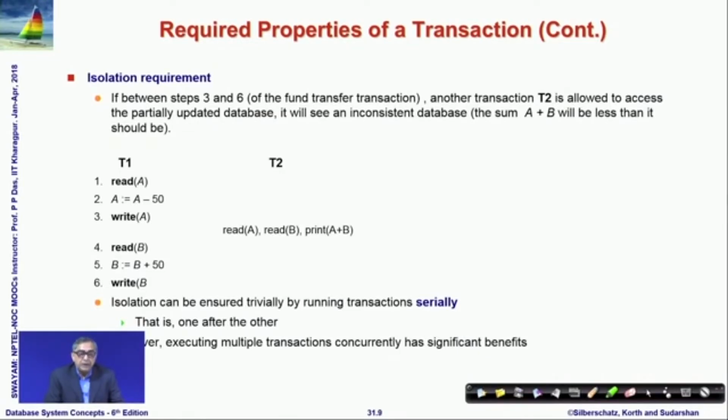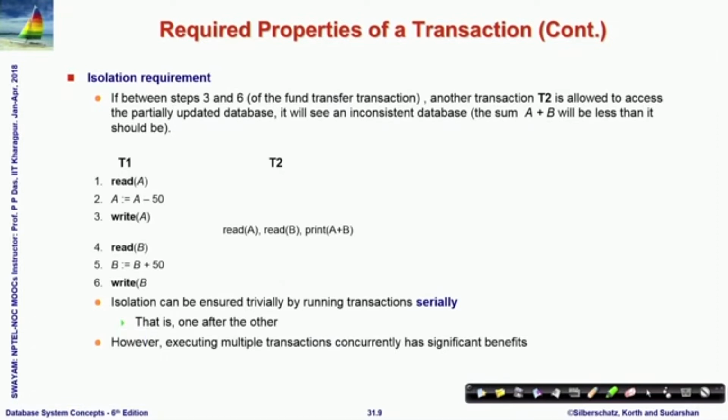Obviously, if these 3 instructions of transaction T2 are allowed to be executed between instruction 3 and instruction 4 of transaction T1, then T2 will print a sum of A plus B which is $50 less than the sum of A plus B at the beginning.